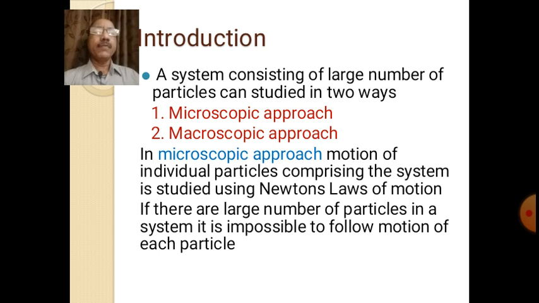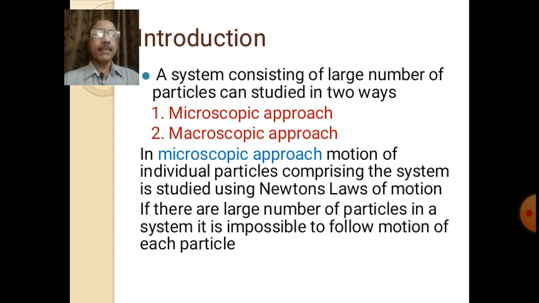In statistical physics, we have a macro approach. In order to understand what is a macroscopic approach, let us try to understand the difference between microscopic approach and macroscopic approach. A system consisting of large number of particles can be studied in 2 ways.